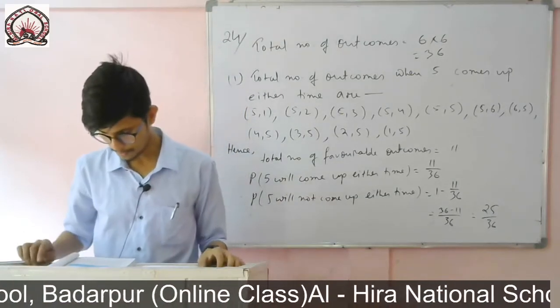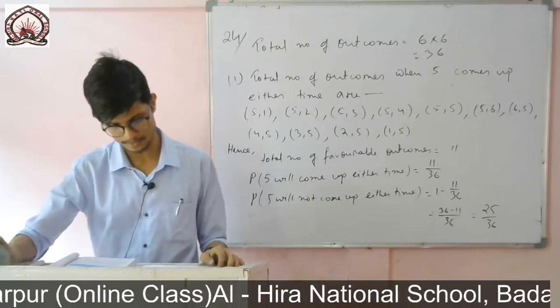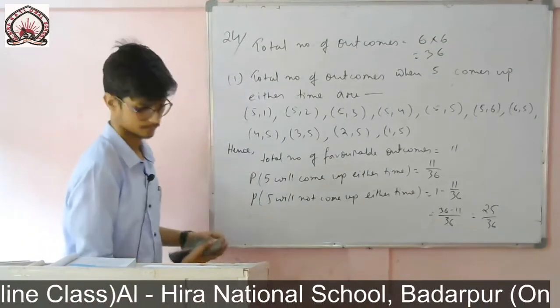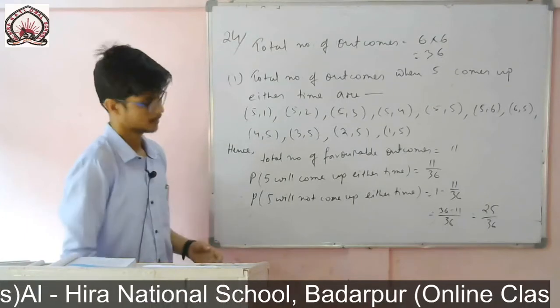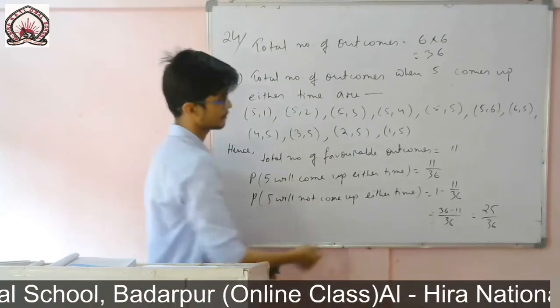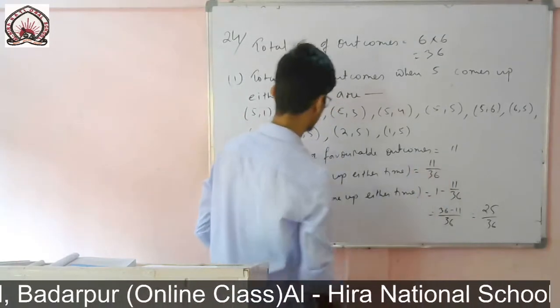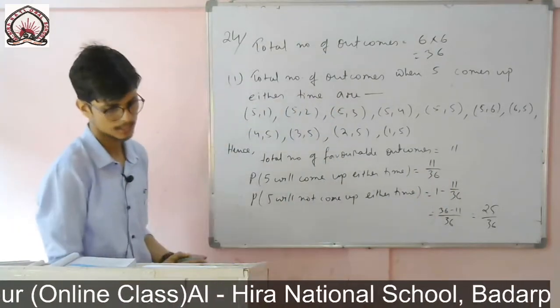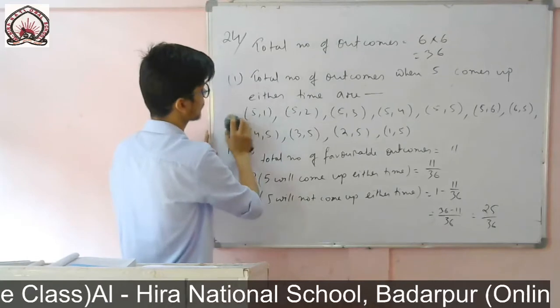Now Roman number 2, 5 will come up at least once. So we have found this same value, 5 will come up either time.